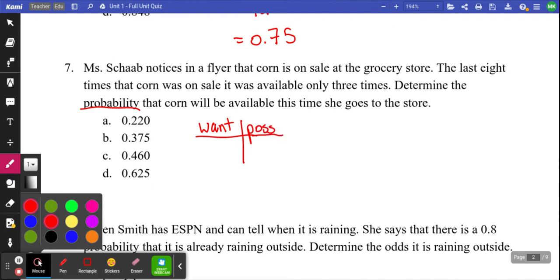I want corn to be at the store. Well, according to our trials from before, the last 8 times that corn was on sale, only 3 times it was there. So only 3 times did I get what I wanted out of 8 possible attempts. The probability is 3 divided by 8. You put that in your calculator, it's 0.375.